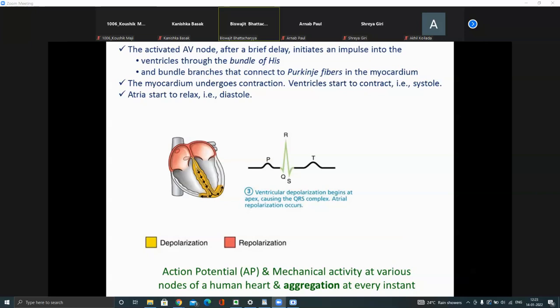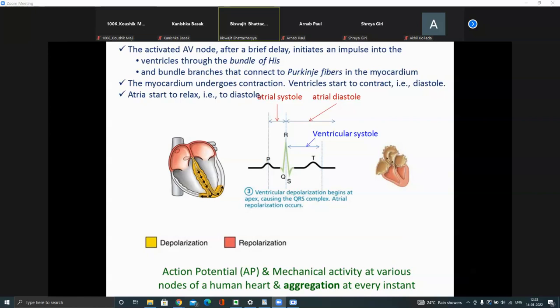That is, they are in diastole. So ultimately, as the ventricles are in contraction or systole, blood is squeezed and is going to the aorta and pulmonary artery.